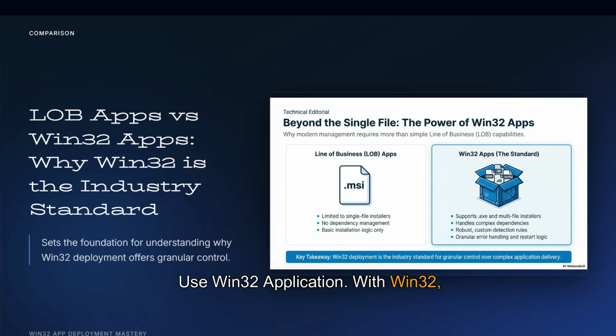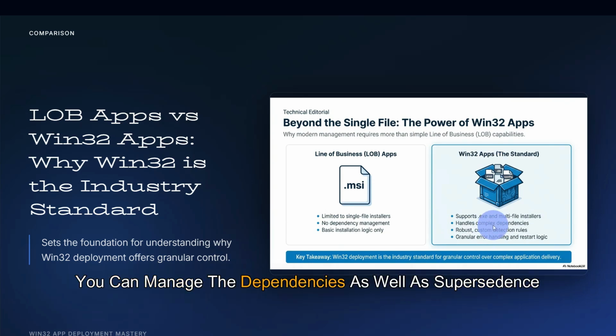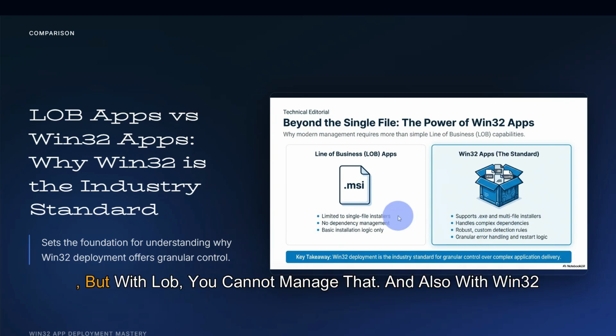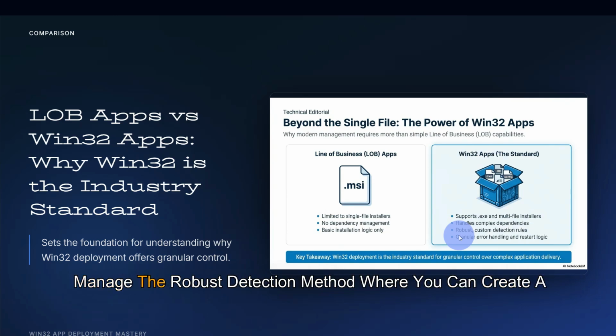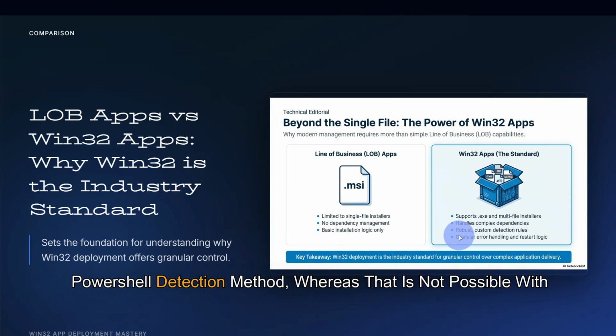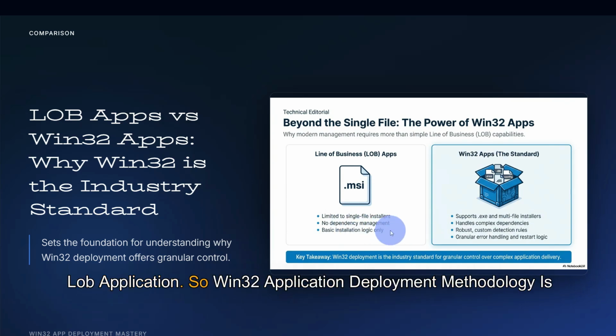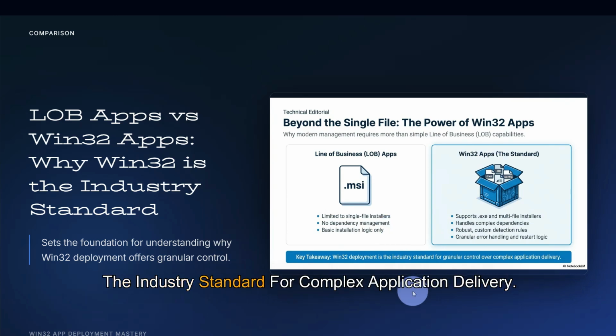With Win32, you can manage dependencies as well as supersedence, but with LOB, you cannot. Win32 also comes with a robust detection method, where you can create a PowerShell script for detection, which is not possible with a LOB application. So Win32 application deployment is the industry standard for complex application delivery.